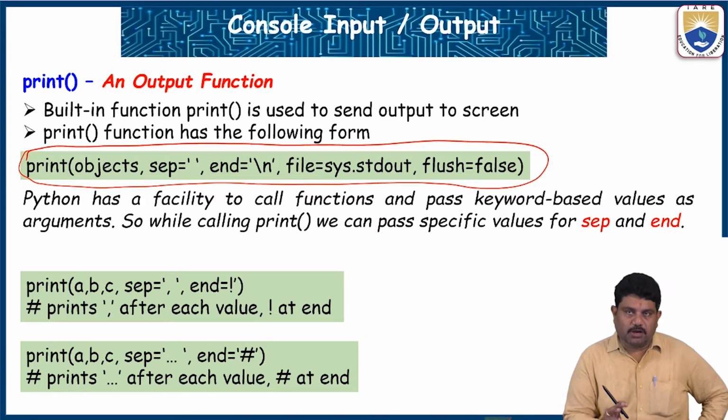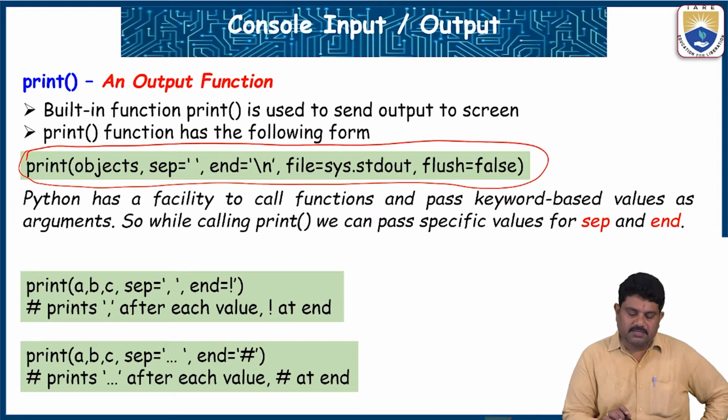The print function accepts the objects to print on the console, and by default the separator is a single space, and the end character of the print function is backslash n. This backslash n indicates that the next print comes to the next line automatically.